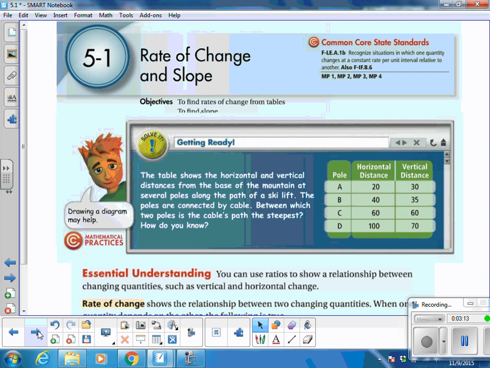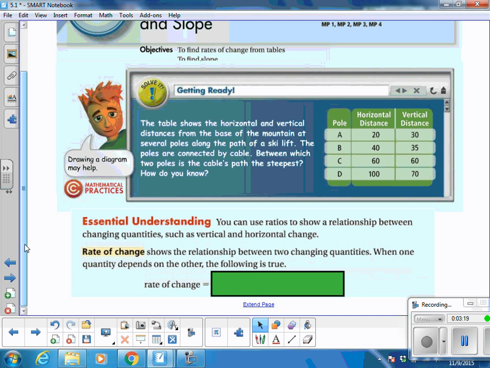So our objective is to find rates of change from tables to find the slope. We can use diagrams and tables to do that. Our essential understanding is you can use ratios, okay, which is very important here to show a relationship between changing quantities, such as vertical and horizontal change. The rate of change shows the relationship between 2 changing quantities.